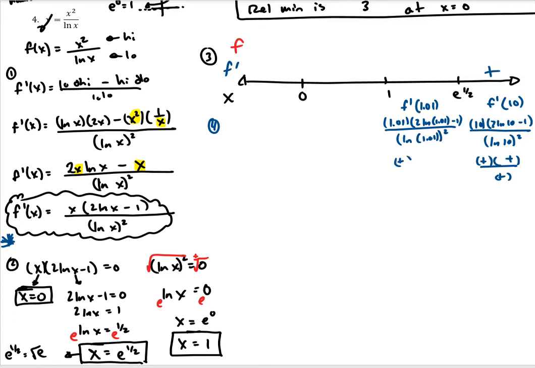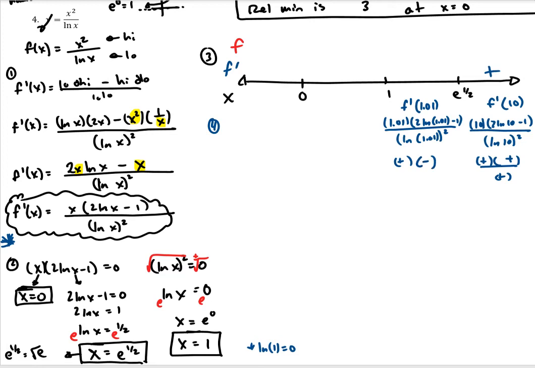Well, the 1.01 is positive. The 2 ln of 1.01 minus 1. All right, well, this is getting to be close. The natural log of 1 is 0, so the natural log of 1.01 would be close to 0. Something close to 0 times 2 would stay close to 0.